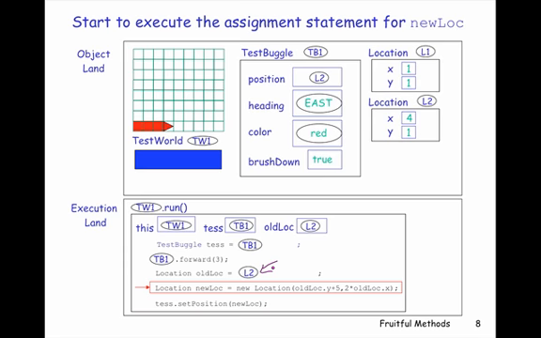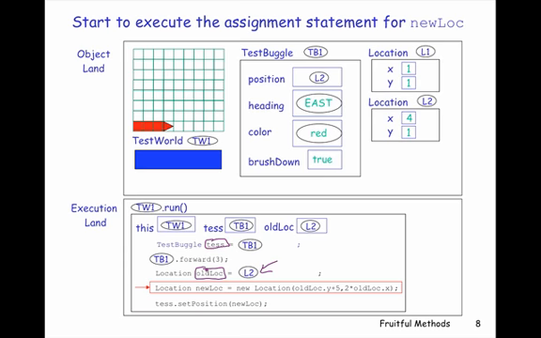And notice, too, that names that appear on the left-hand side of an assignment, things like test and oldLoc, they never change. They are names specifying the variables. They're not specifying the values of the variables. So they're specifying the name we are going to give to a brand new variable when we create it. They never change. But if we use those variables elsewhere, those uses will change to be the values of those variables. Okay, and we're going to see an example of that in the very next assignment.